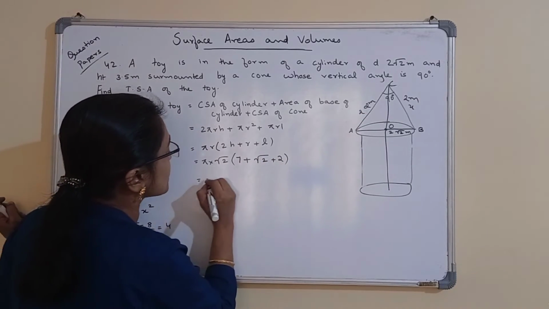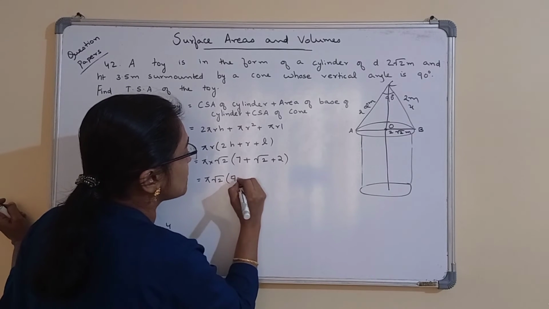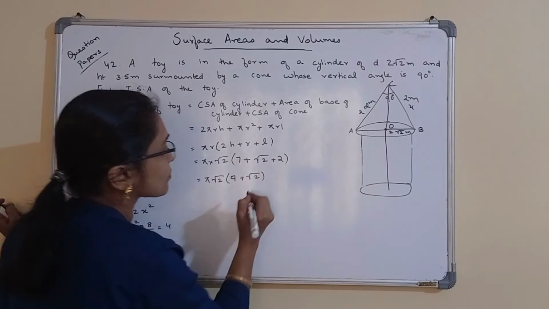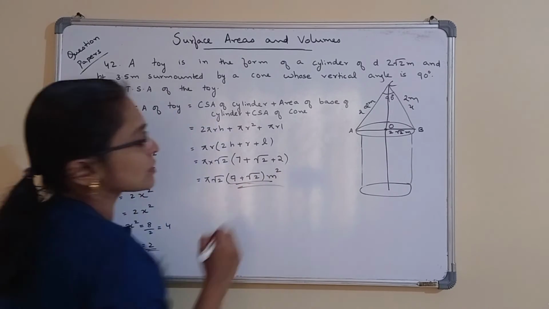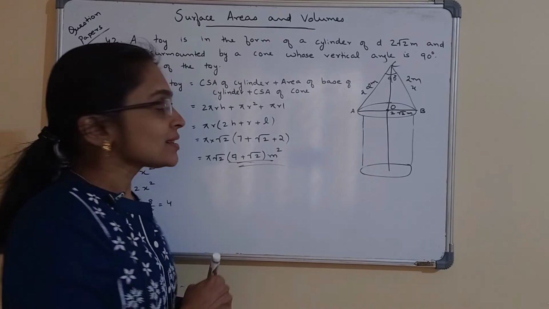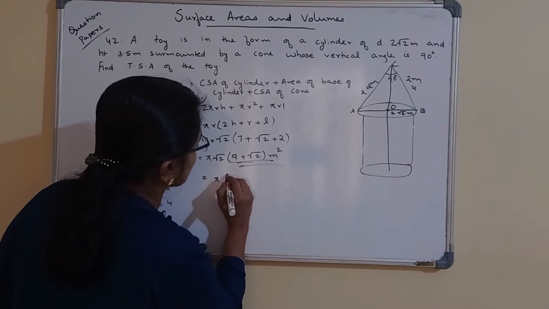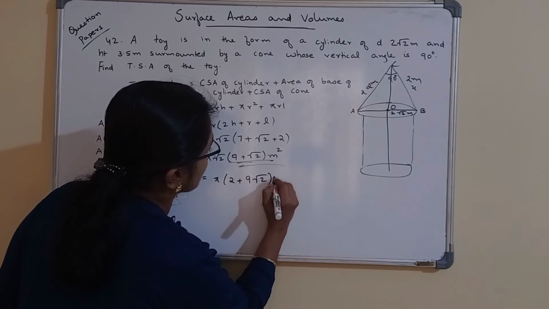So this is equal to pi root 2 into 9 plus root 2. So total surface area is this much meter square. Understood? And this can be written as pi into 2 plus 9 root 2 meter square.